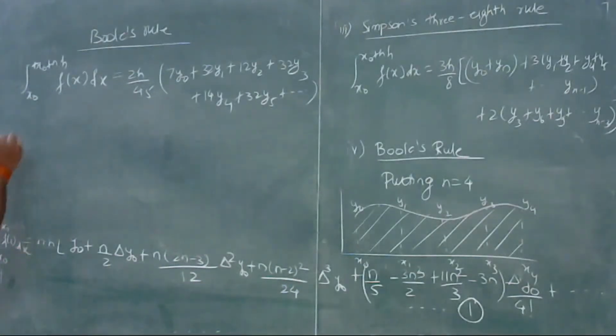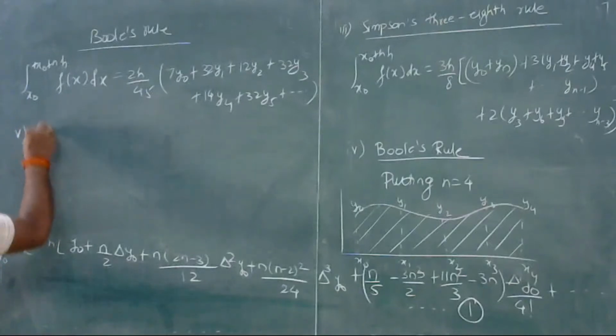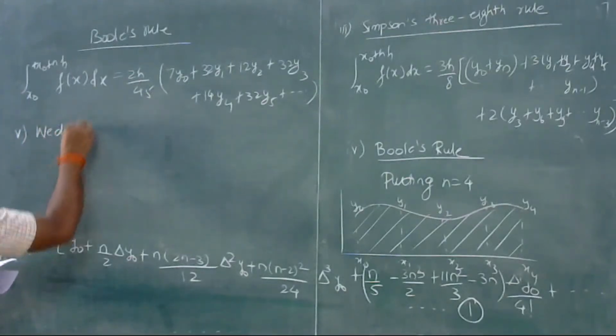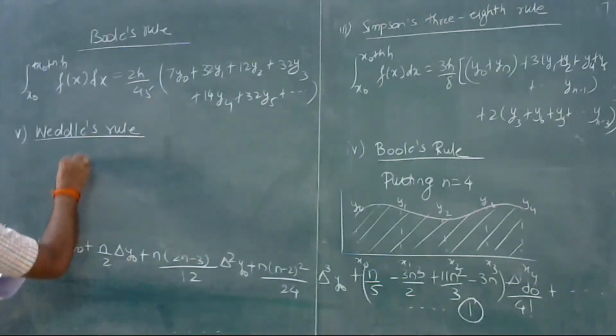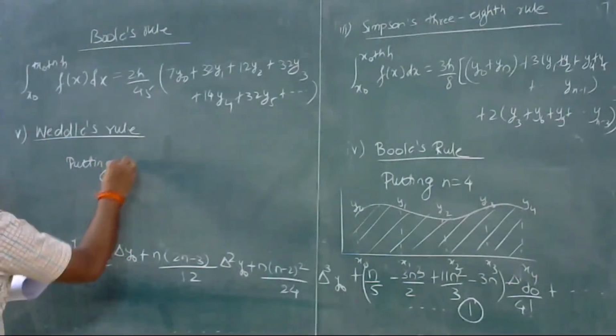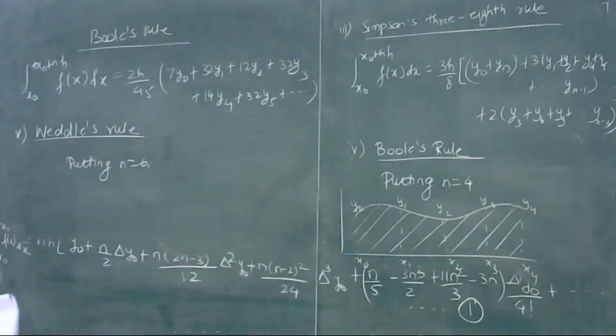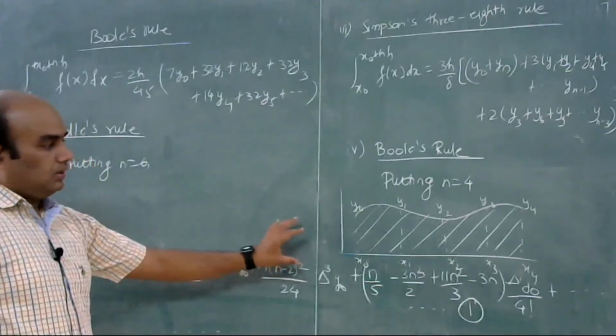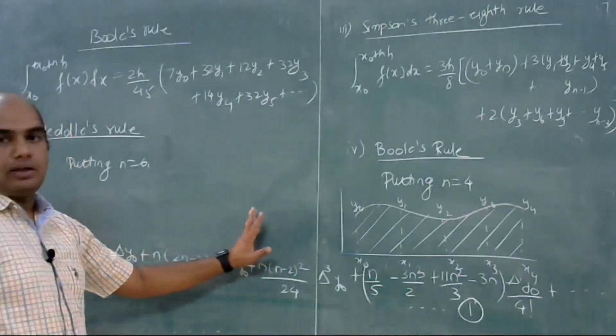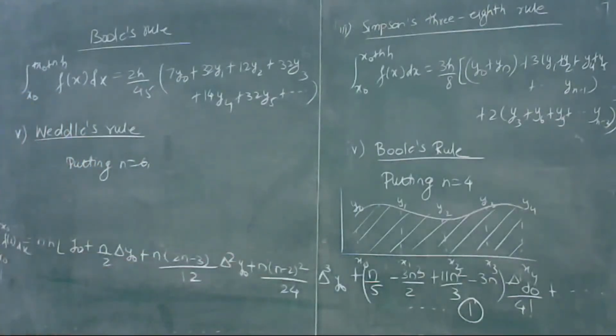And last, Weddle's method. Here we put n is equal to 6 in equation 1. This will give a polynomial of 6th order, and differences up to the 6th order will be taken, and above this will be equal to 0.